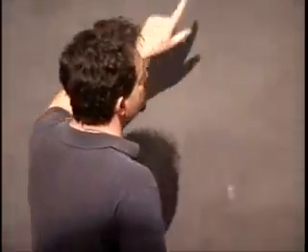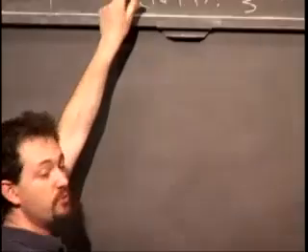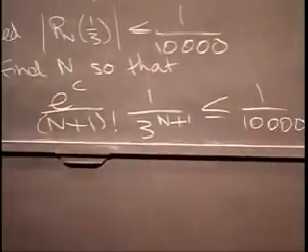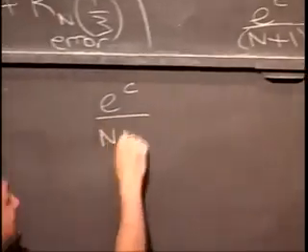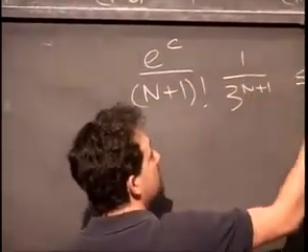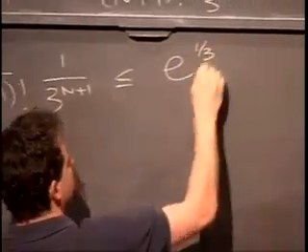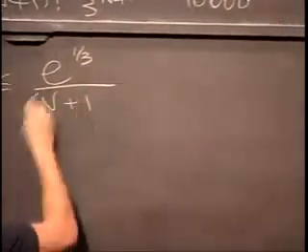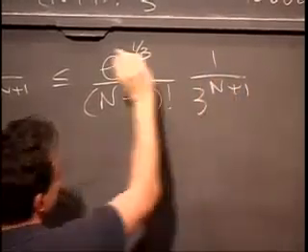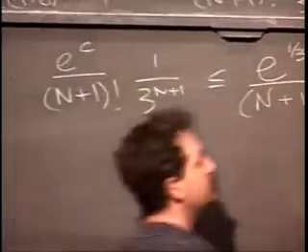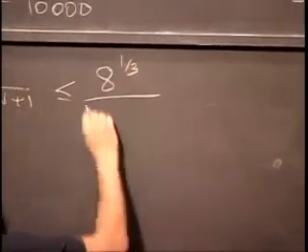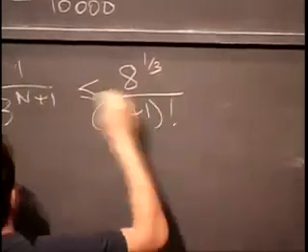But one thing you should notice is that we should pick the worst possible value of c. In fact, we know that the biggest it could be is 1/3. And again, I'll do my trick of saying that this is less than or equal to e to the 1/3, which is less than 2, because we can play around as long as we don't make things smaller.